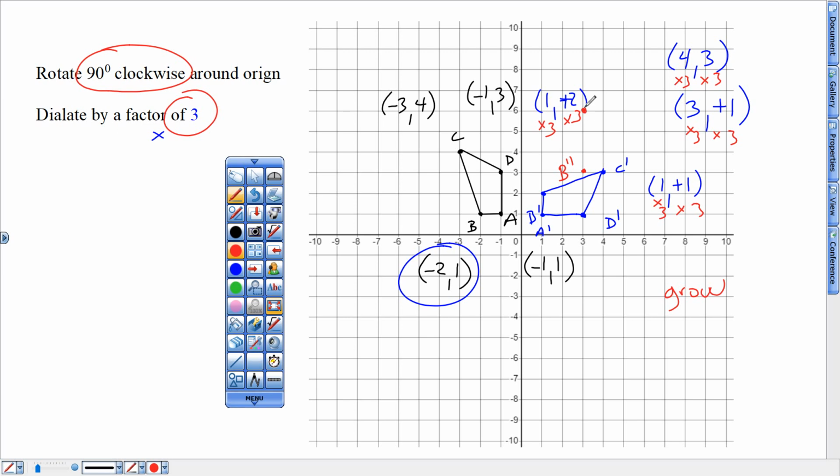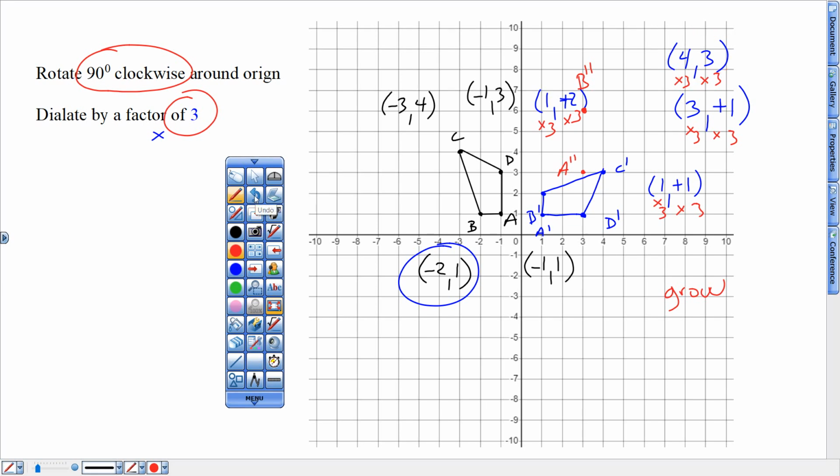I'm sorry, this is B double prime. And that looks like this one right here, if I could fix that, is A double prime. Make sure you're writing these accurately. And then I have D. D becomes right here, times that by 3. That looks like that becomes 12, 9. Looks like it's going to go off the paper a little bit. I am sorry.